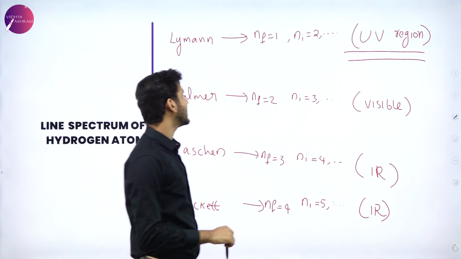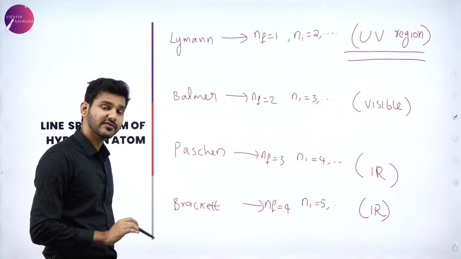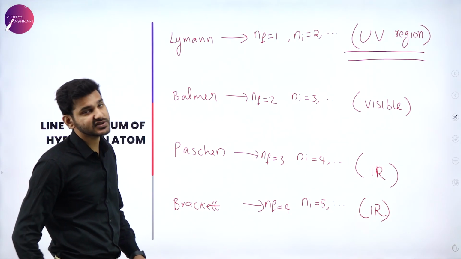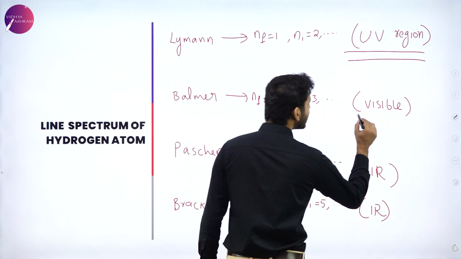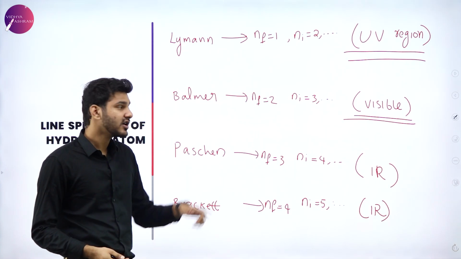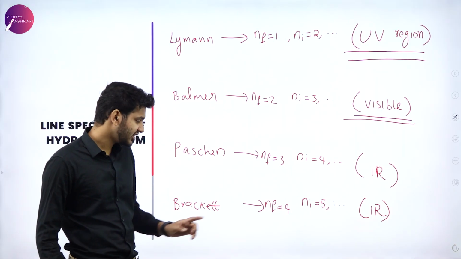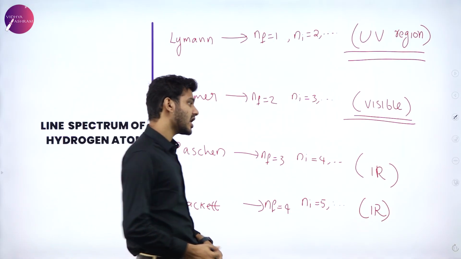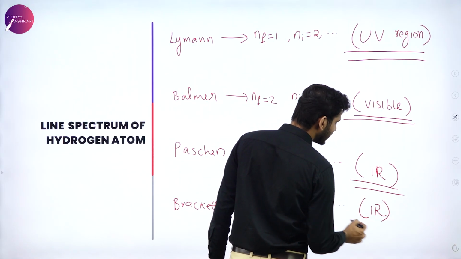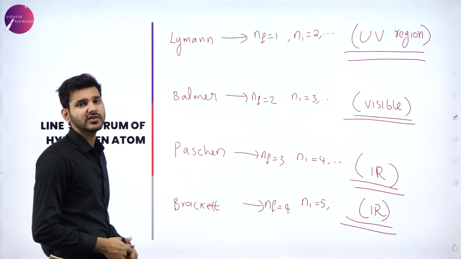Similarly, for the Balmer series, where nf is equal to 2, the emitted photon has a frequency in the visible region, which means we can see the effect of the Balmer series with our naked eyes. And the Paschen and Brackett series are going to be in the infrared region, at the higher end of the wavelength.